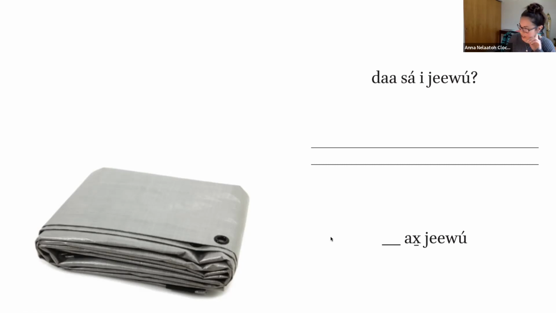Everyone go ahead and repeat after me. Khwasta jeewú. One more time, I'll ask you and then go ahead and answer by saying khwasta jeewú. Johan, da sa jeewú. Khwasta jeewú.